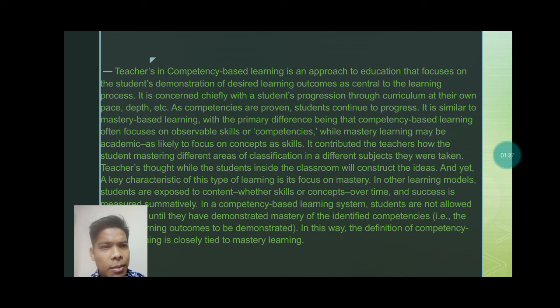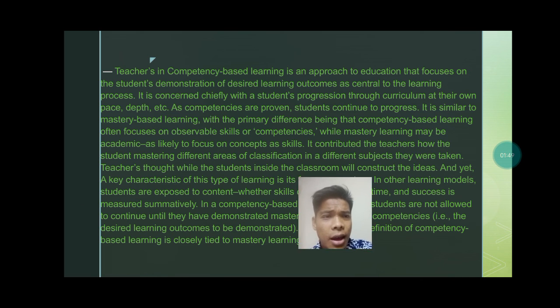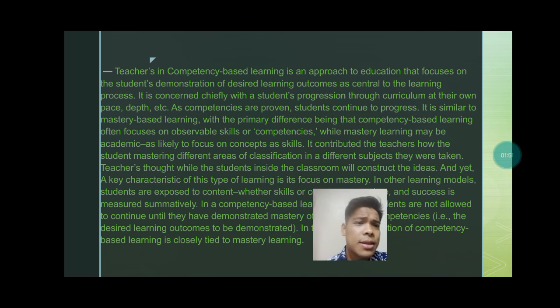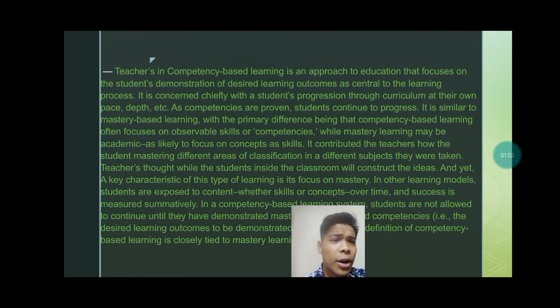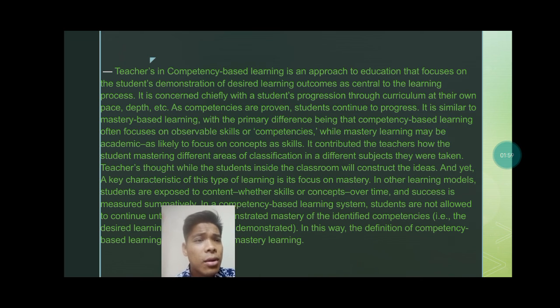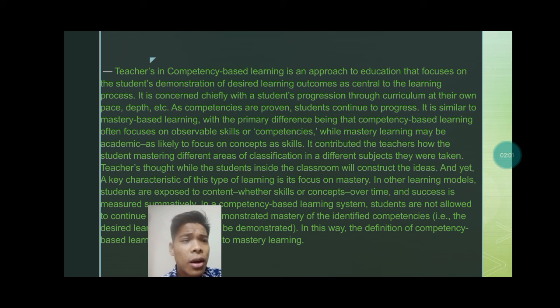In other learning models, students are exposed to content, whether skills or concepts, over time, and success is measured summatively. In a competency-based learning system, students are not allowed to continue until they have demonstrated mastery of the identified competencies.